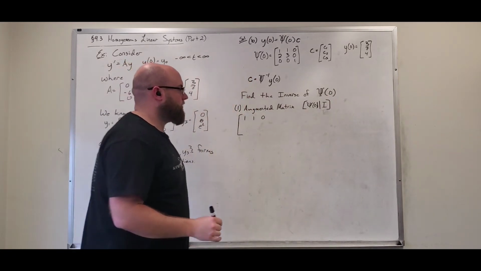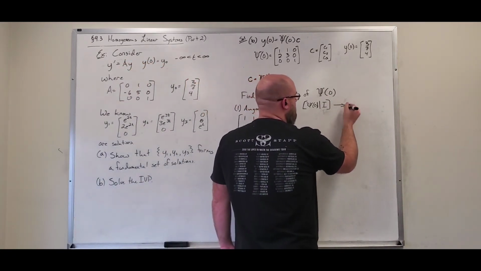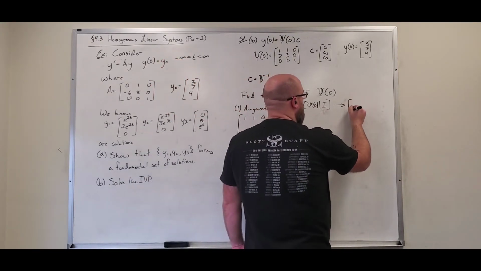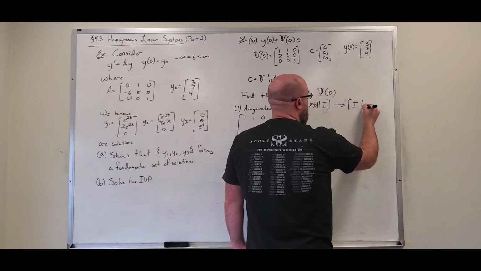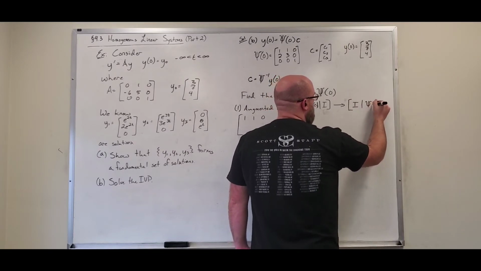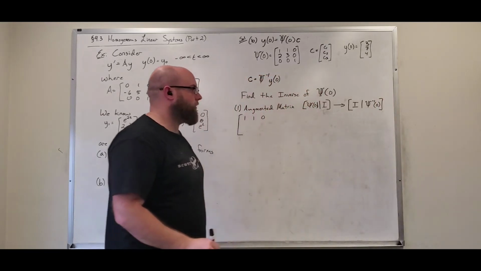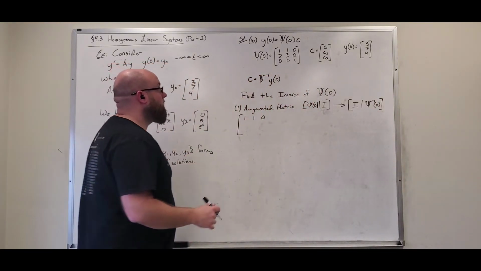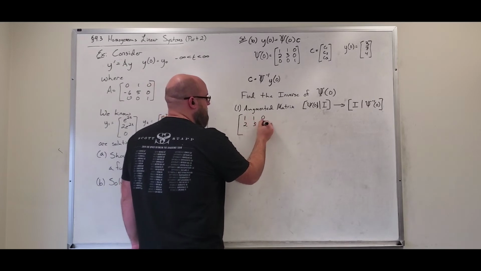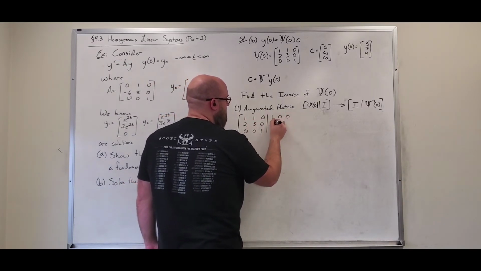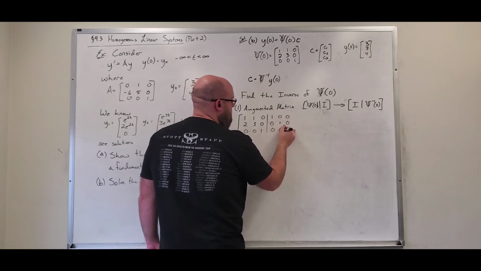And so what we want to do is we want in some set of row operations, we want this to become I, and then on the right-hand side is going to be our inverse of that matrix. So using some sort of row operations. All right. So 2, 3, 0, and 0, 0, 1, 1, 0, 0, 0, 1, 0, 0, 0, 1.